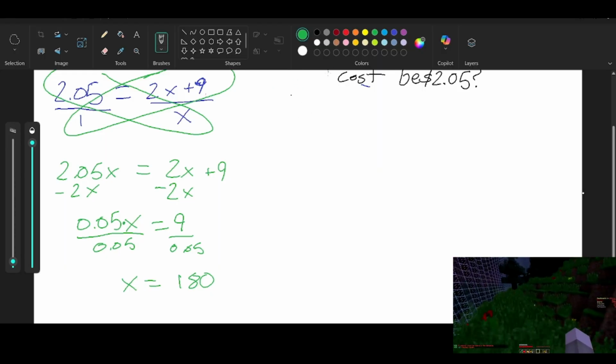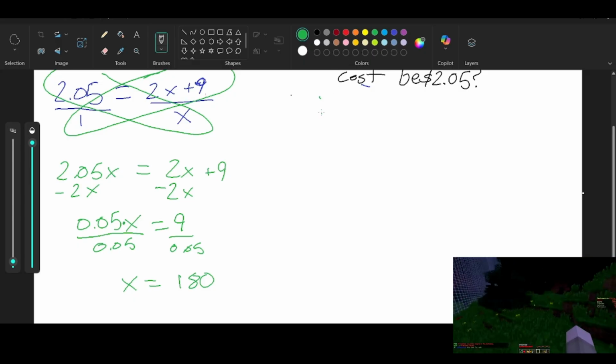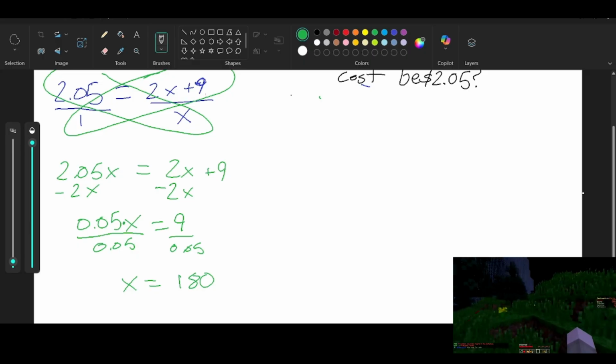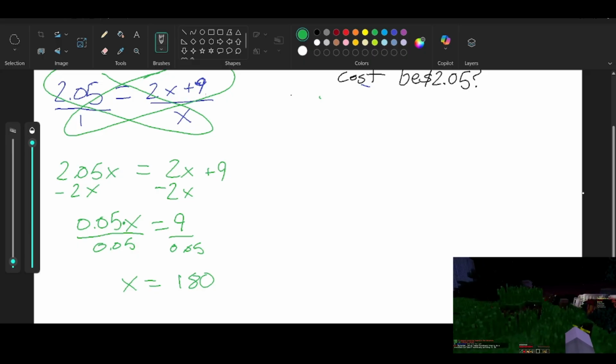I would say, in order to make sure that I get full credit, because I don't know how they're gonna grade it, I would make sure to be as explicit as possible. I wouldn't just say x equals 180.